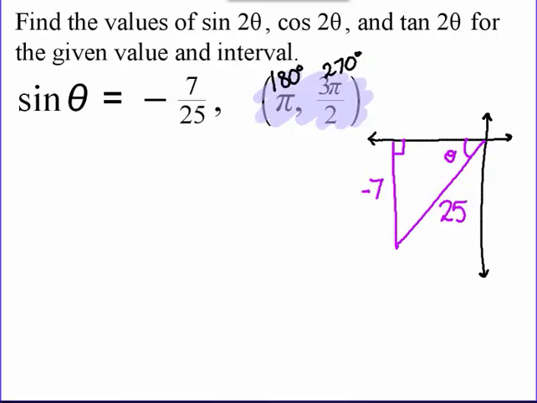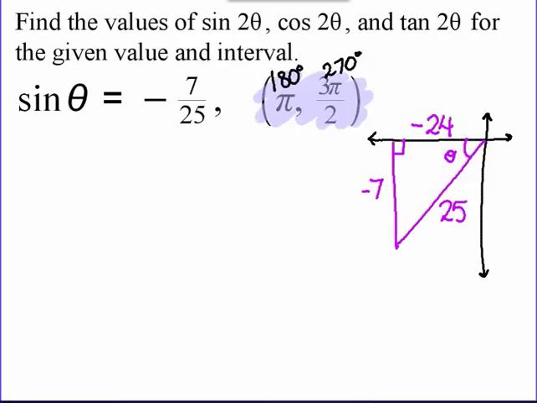Or you could recognize this as a Pythagorean triple. Does anybody remember what that third side will be? 24, very good. So 7, 24, 25, that's a Pythagorean triple, like 5, 12, 13, 3, 4, 5.